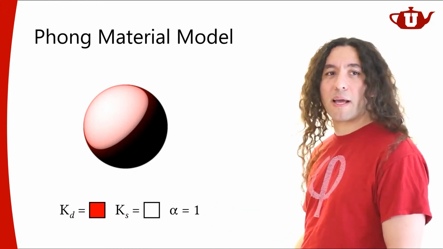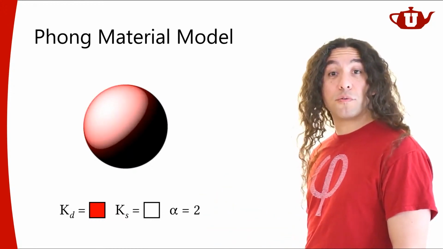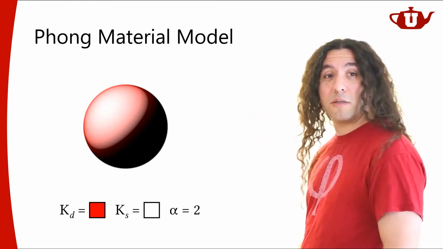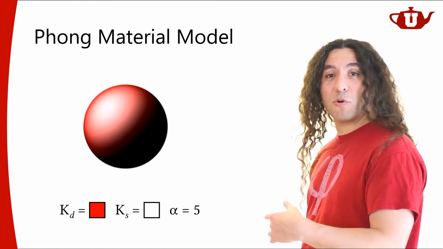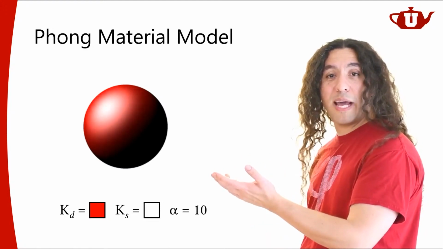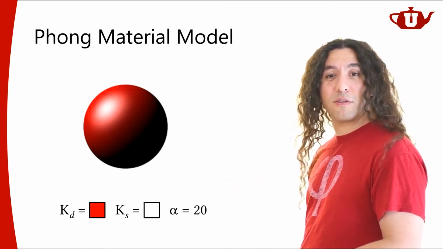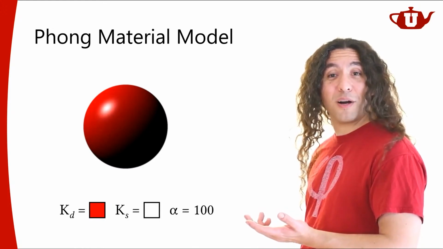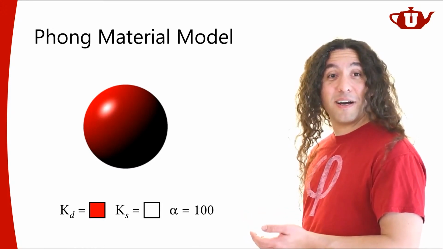So let me crank up this exponent to 2. You see that specular reflections became a little narrower. If I crank it up some more to 5, it's going to get smaller, to 10, even smaller, to 20, even smaller, 50, even smaller, 100.